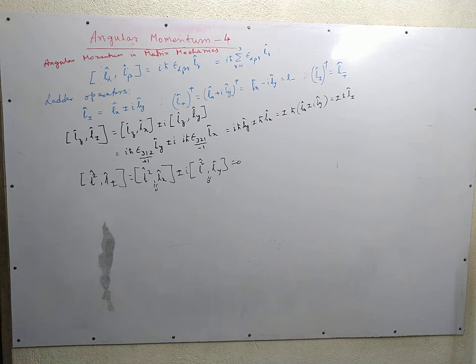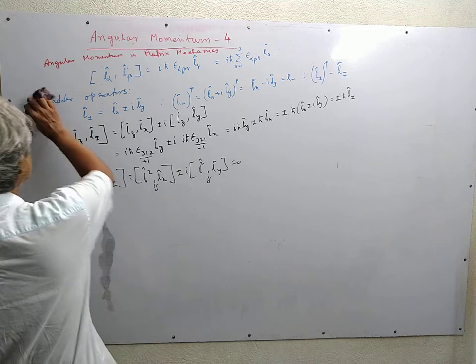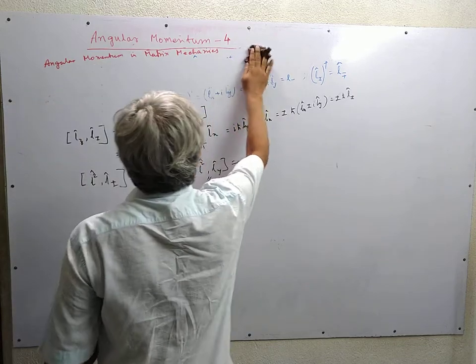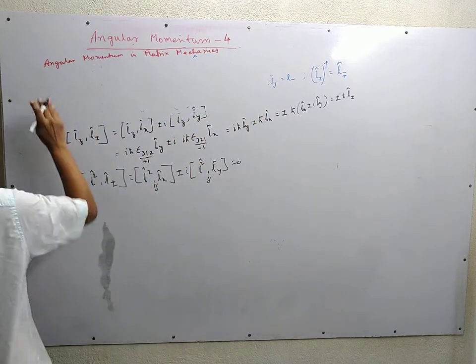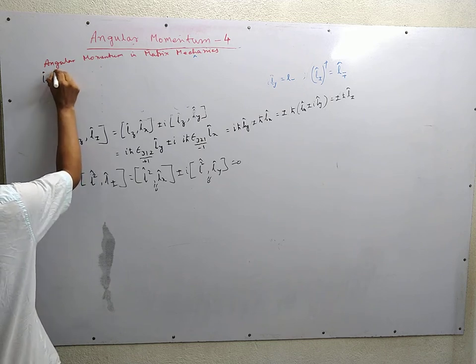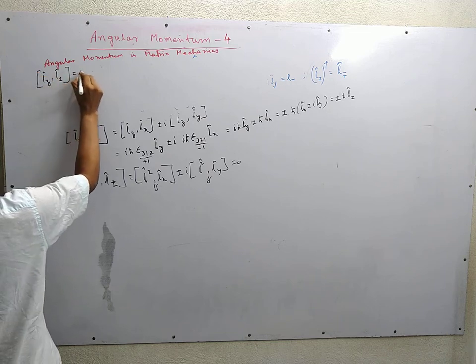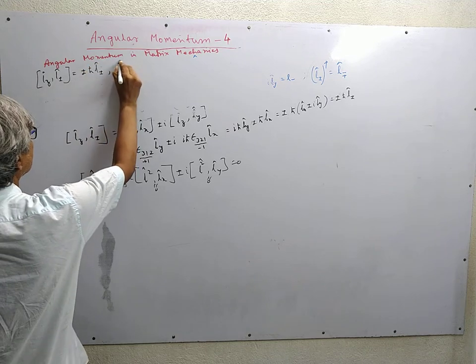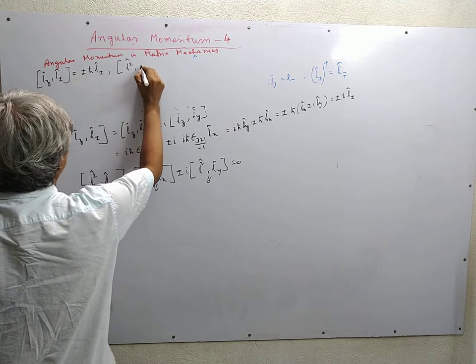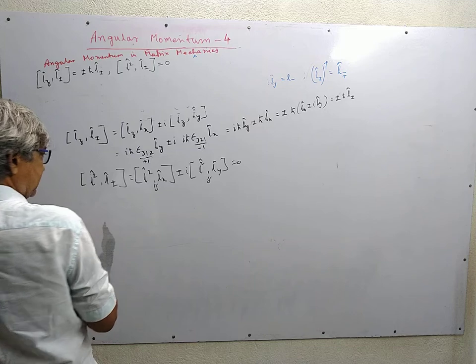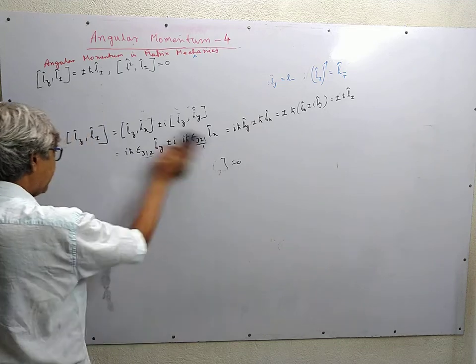So these are the two important relations that will be of use in future: [Lz, L±] = ±ħ L±, and [L², L±] = 0. This is the information that we have obtained till now.